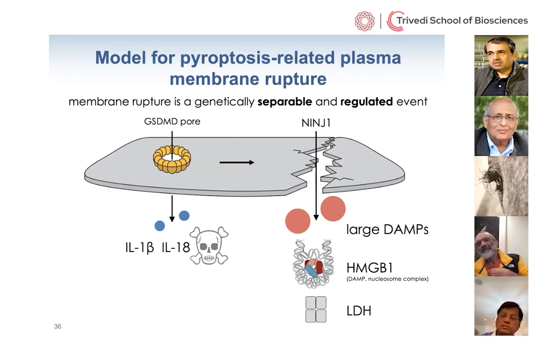And our preliminary data suggests, both in the fly and in mammalian cells, that it may be the need to get rid of intracellular pathogens. You have a very acute need to get rid of intracellular pathogens into the toxic external milieu, so as to maintain homeostasis. Now, it'll be a lot of work, but that's a working hypothesis.